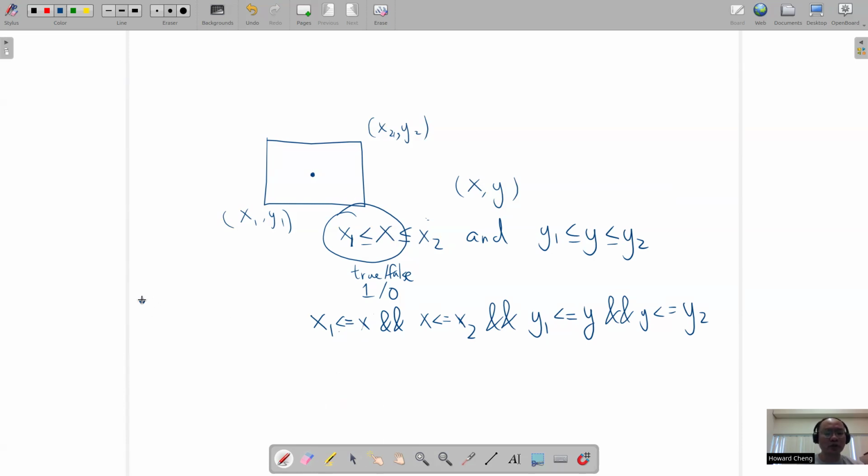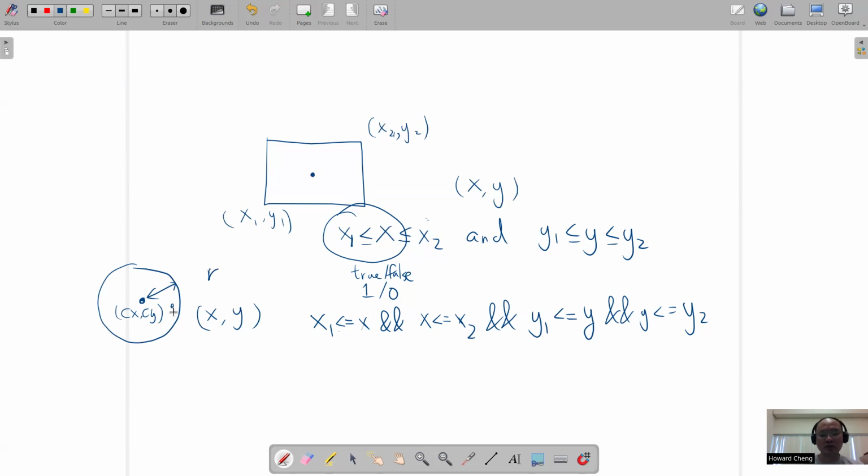What about a circle? Okay, so you have the center of the circle and radius. So we have radius, and then let's call the center of the circle Cx and Cy. And now you have a certain point. You want to know if this point is inside the circle or not. How do we know?